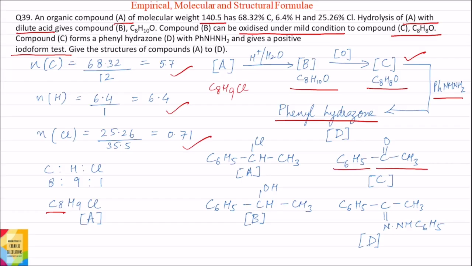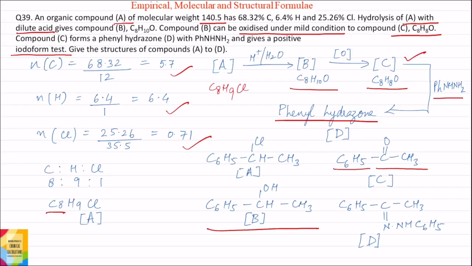Now C is formed by the oxidation of B. Therefore the structure of B will be C6H5CHOHCH3, and B when oxidized will form C. Now B is formed by the hydrolysis of A, and A contains chlorine.